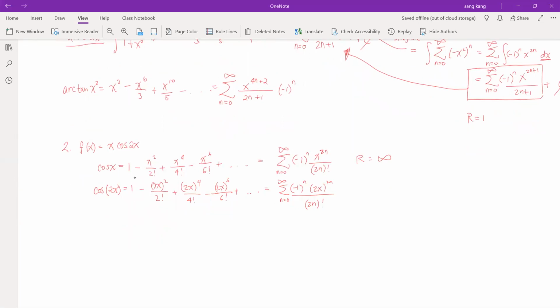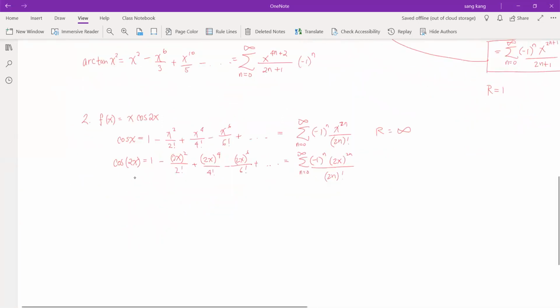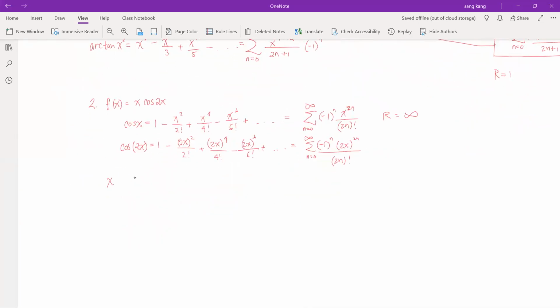And finally, we can multiply the expression above by x. So we'll have x minus x times 2x squared over 2 factorial, plus x times 2x to the fourth over 4 factorial, minus 2x to the 6 over 6 factorial, and so on and so forth.